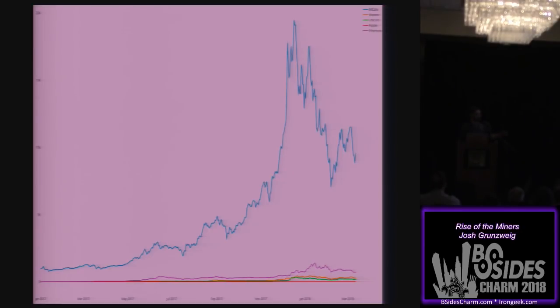It's drastically changed, which is either good for her or good for the bad guys. It's hard to say. It also probably impacts her willingness to pay the ransom. So yeah, there were a lot of reasons as to why this change occurred. But truthfully, it was just this huge spike in value. Everyone wanted their piece of the pie. All the bad guys wanted to make some money.